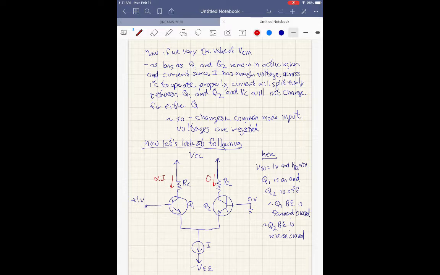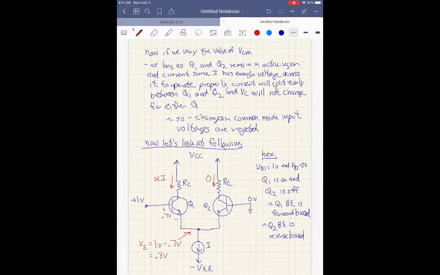All right. So Q1 is forward biased. So we're going to be dropping 0.7 volts here, which is going to leave us, right here at the emitter, with 1 volt, the base voltage for Q1, minus 0.7 volts, equal to 0.3 volts.